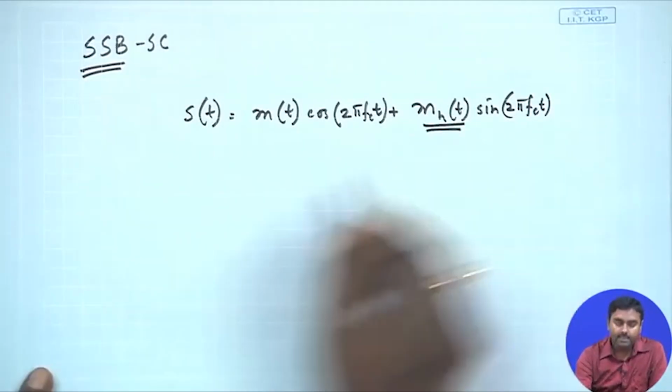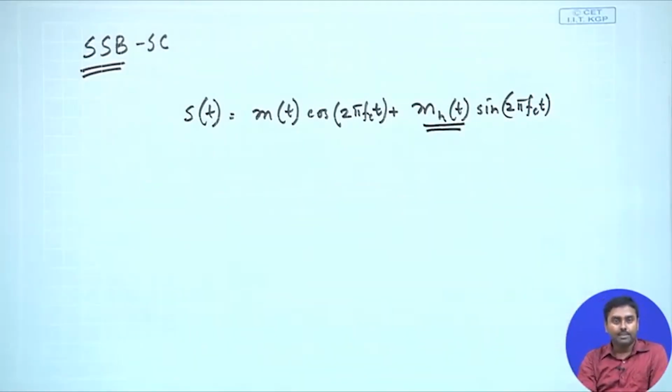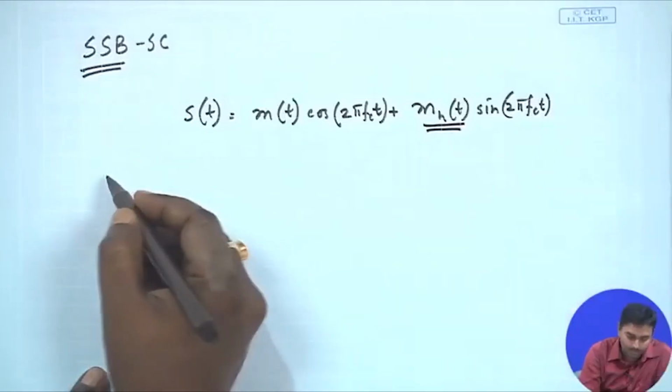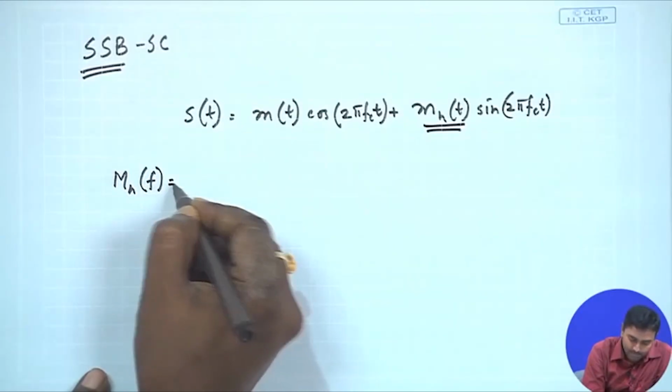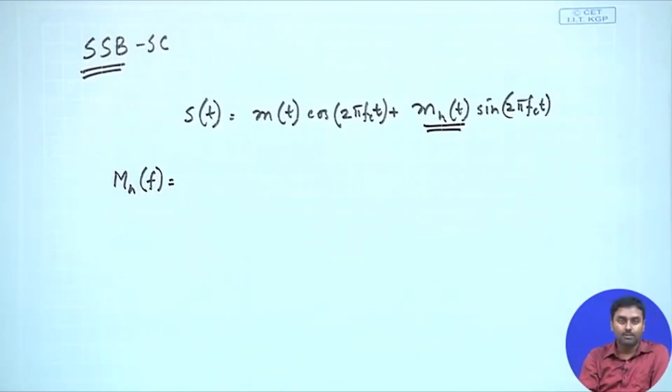And m_h(t) is something we know already, it is the Hilbert transform of our signal, right. So, this is something we already know. So, the characterization of that is, if we write the frequency response of m_h(t), or we should not say frequency response, it is the frequency representation or amplitude spectrum of that.